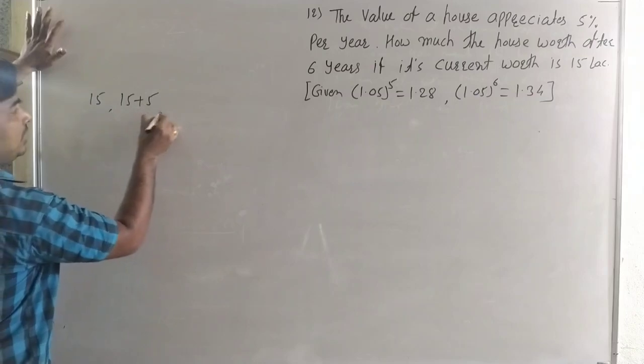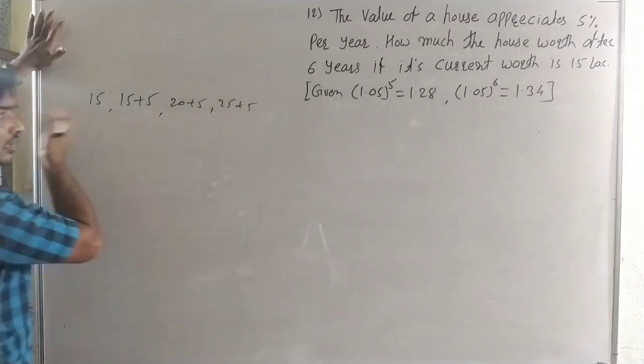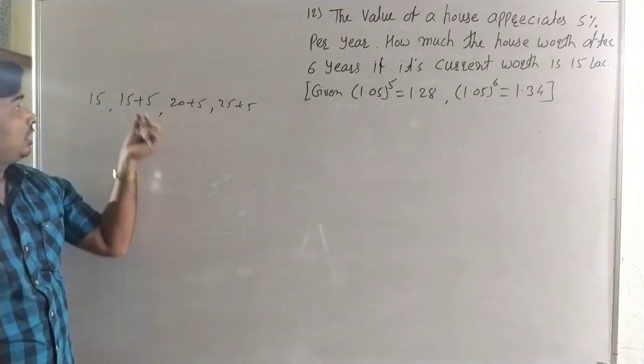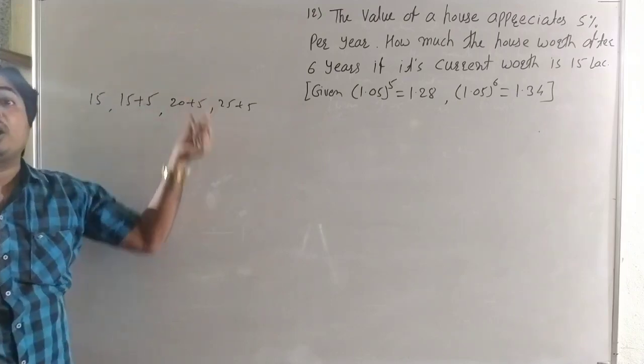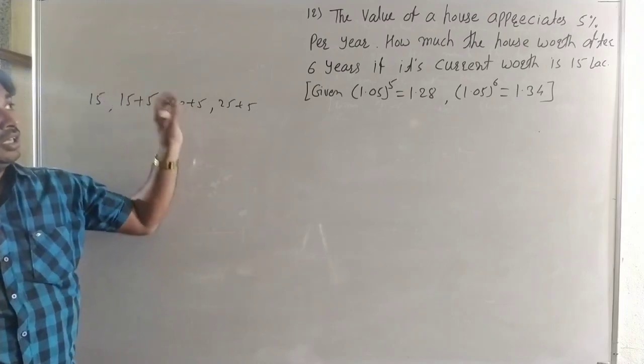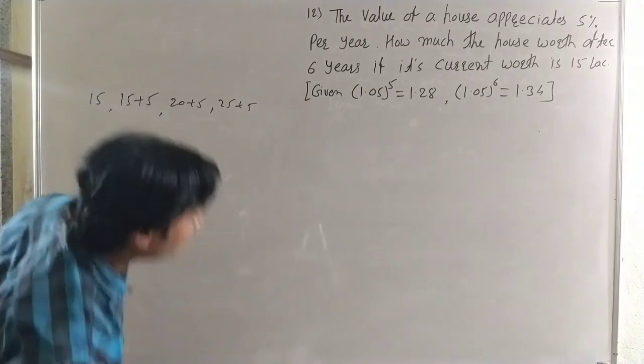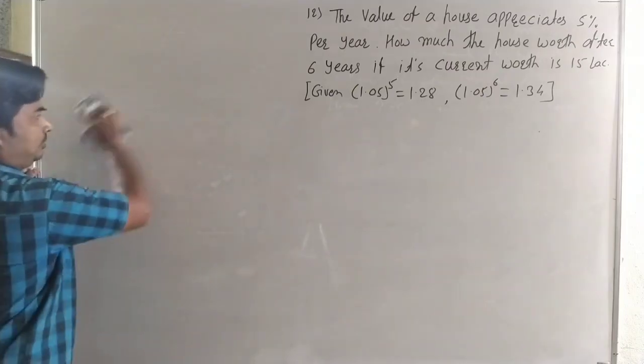That means it is 20, then again 20 plus 5, again 25 plus 5. That is an arithmetic progression. But here it is not a constant increase of 5 lakh. It is not fixed, it is 5%. That means here a ratio is given. So here it is a geometric progression.